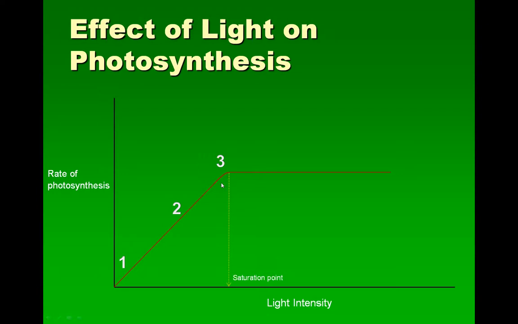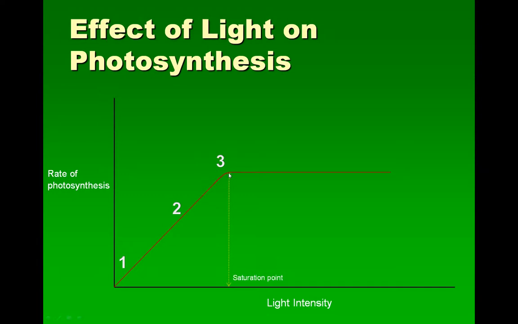The other thing that could be limiting, of course, in terms of the plant itself, could be just the amount of chlorophyll molecules that are available in its leaves, in its chloroplasts, is finite, it's limited, and so it can't really change the number of chloroplasts that it has, or the number of chlorophyll molecules that it has. By the time it's got to this stage, that's a limiting factor as well.